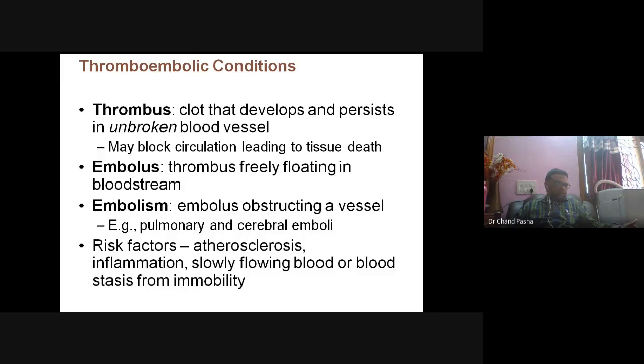It could be streptococci, a bacterial protein, or some other protein. See what happens: it causes clot formation there, that thrombus becomes a thromboembolus, and that will move somewhere and block, becoming an embolism. It's very dangerous.